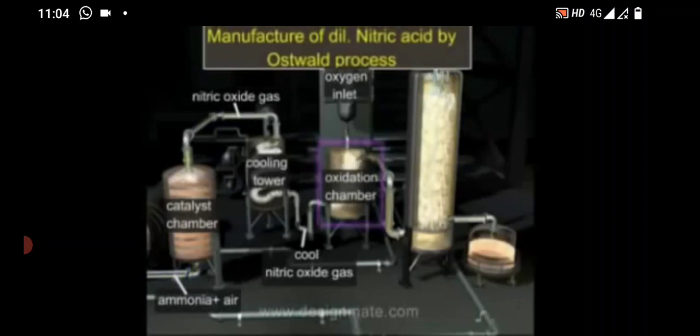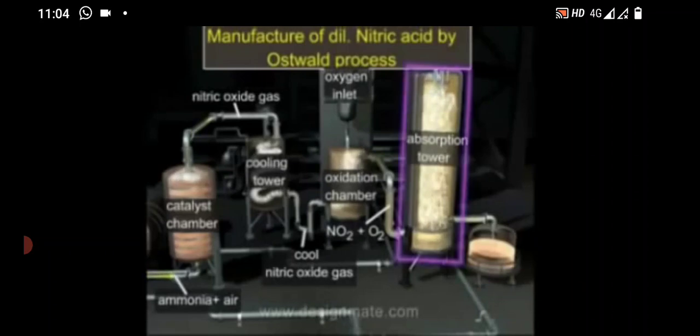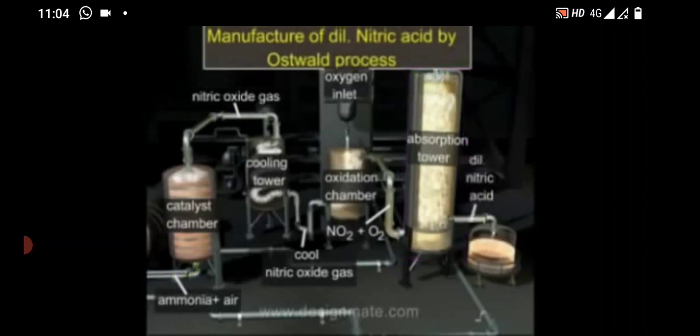Here, nitric oxide combines with oxygen, forming nitrogen dioxide. This nitrogen dioxide is allowed to pass through the absorption tower, where it is dissolved by water, forming dilute nitric acid.